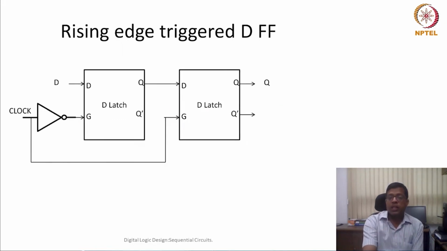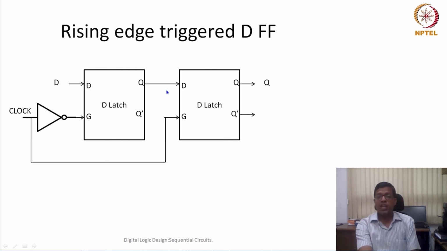So let's look at this circuit. Whenever the clock was negative, or 0, that means this gated input was 1. So whatever should be the value of D will go to the output of the first latch.